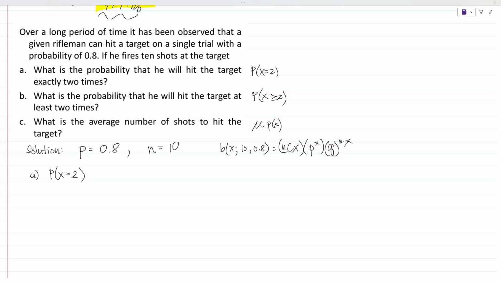So, we have 10 combination of 2, P of X, which is 0.8 raised to 2, and then 1 minus 0.8, kaya natin 0.2. 0.2 raised to N minus 2 is 8.